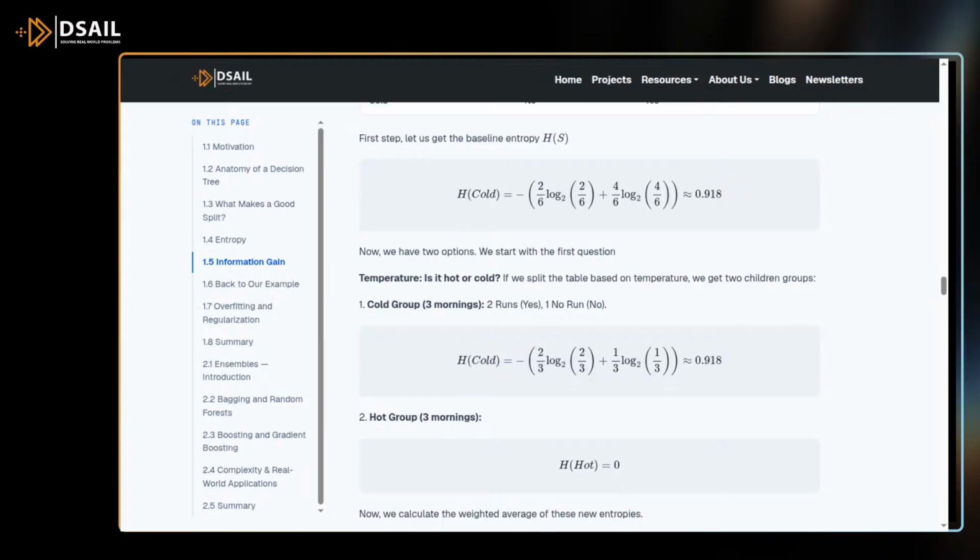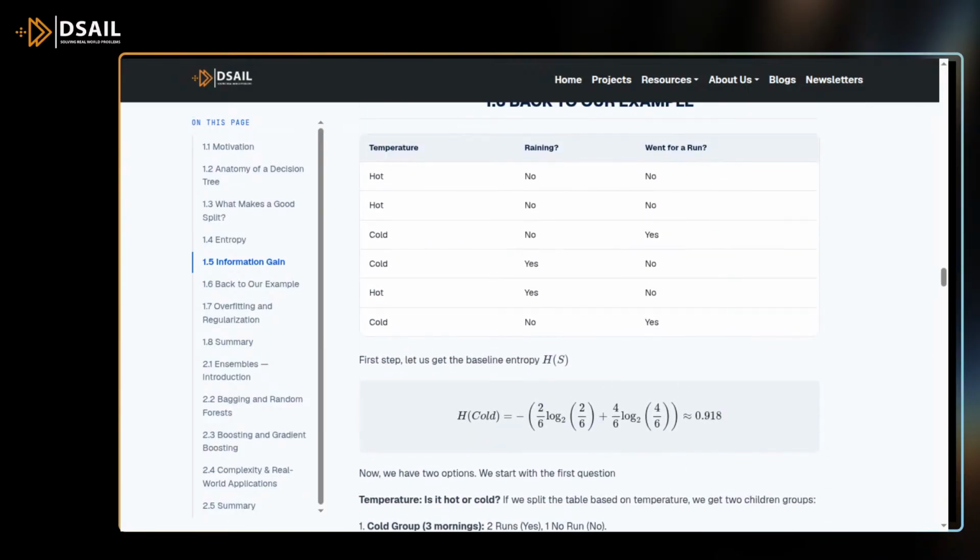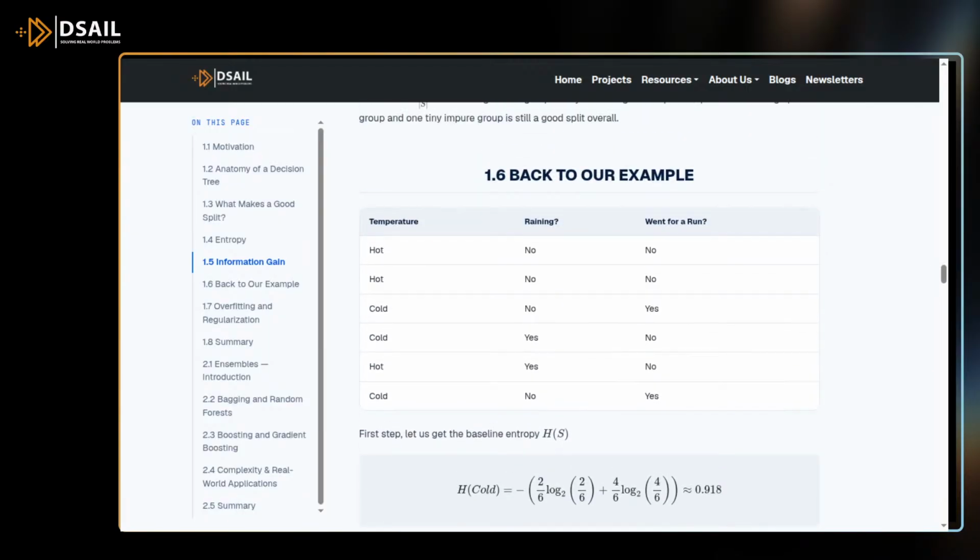Remember, H of X is the negative summation of P of xi log P of xi, i equals 1 up to n. Are we together? And our probability there is of whether we will run or not run. Get the point?